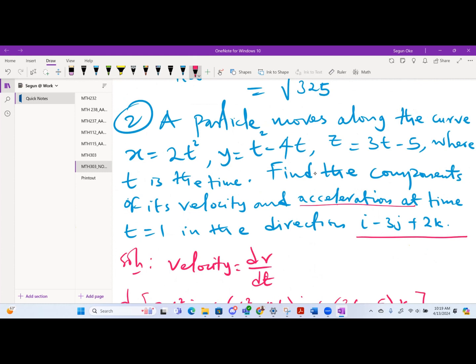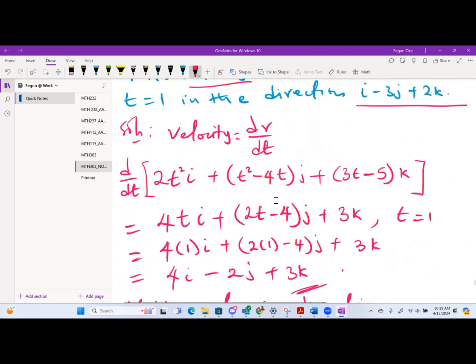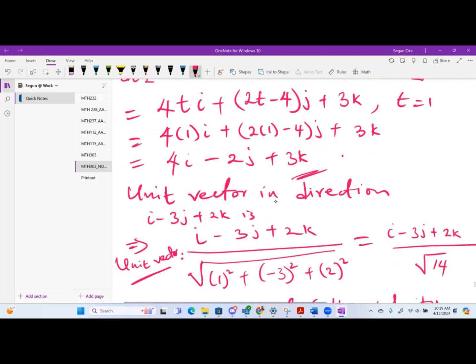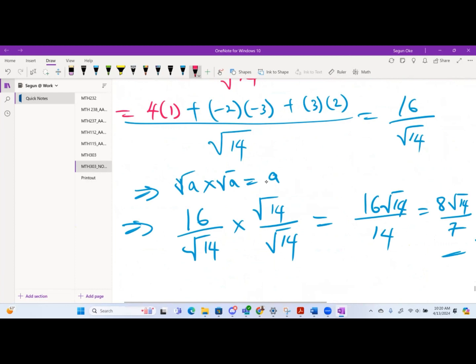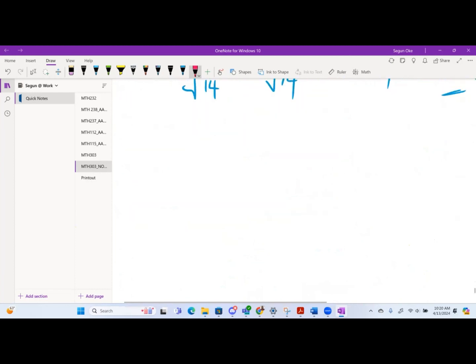You have to go through the same process in order to get the component for acceleration. So you have to differentiate the one with t again for us to get acceleration. So let's go to the acceleration.